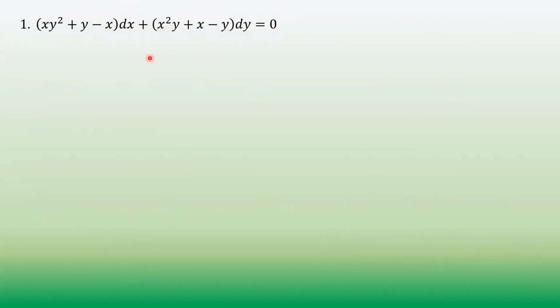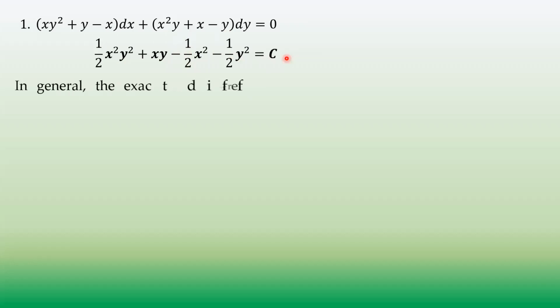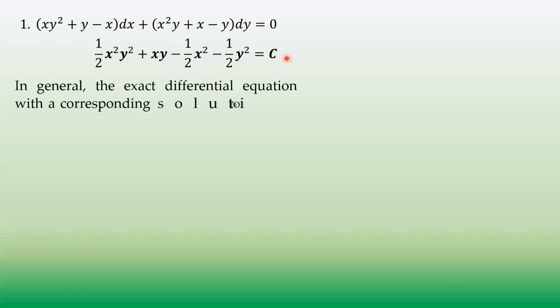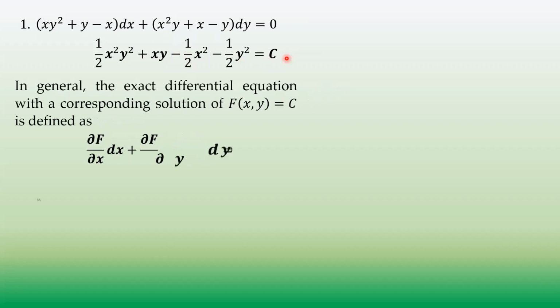Meron tayong nakuha ang sagot kanina. 1/2 x squared y squared plus xy minus 1/2 x squared minus 1/2 y squared equals c. But by definition, na exact differential equation, di ba, ang kanyang sagot ay function of x, y. Ito yun, no? Ito yung f natin. Equal kay c. So, yun yun.